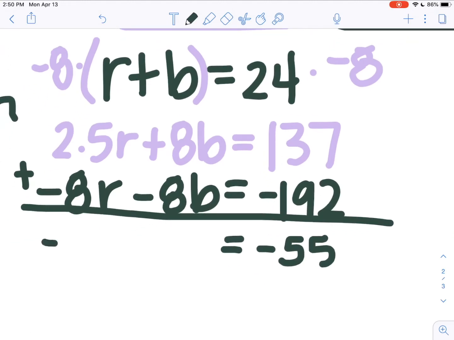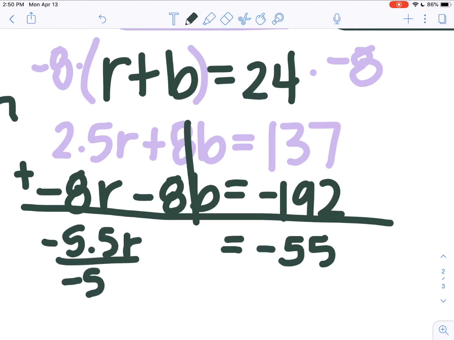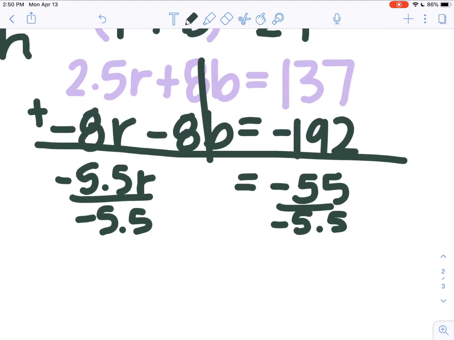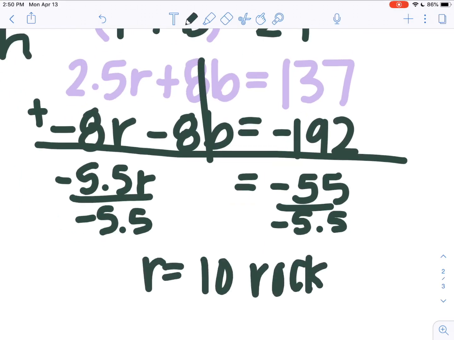Okay, then I'm going to get -5.5r, and then my b is gone. So I'm going to divide both sides by -5.5. And so for R, I get 10 rockfish.